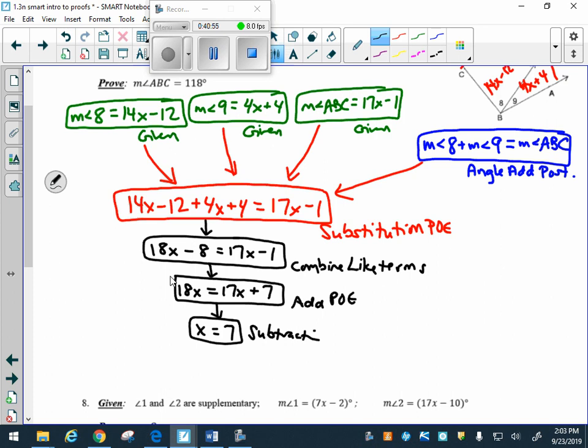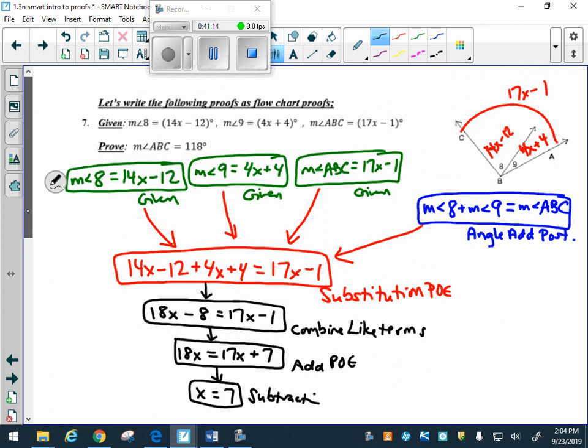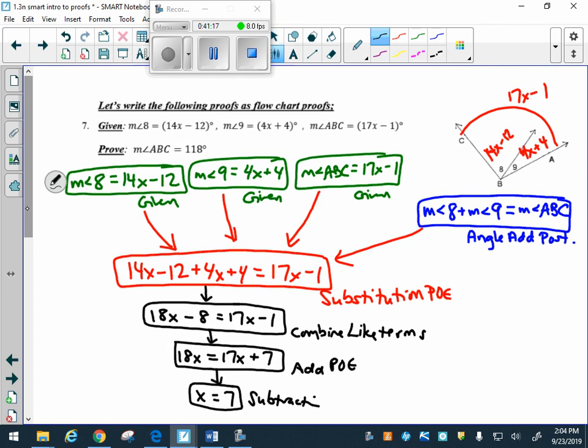Am I done? Yeah, I know you see, I proved it. Look, what was I trying to prove? That measure of angle ABC equals 180. It wasn't x equals 7. That wasn't my proof, so I'm not done here. Exactly, but you have to show it in the steps. So, measure of angle ABC is 17x minus 1, right? Measure of angle ABC equals 17x minus 1.